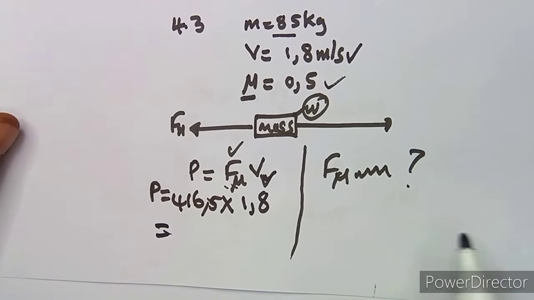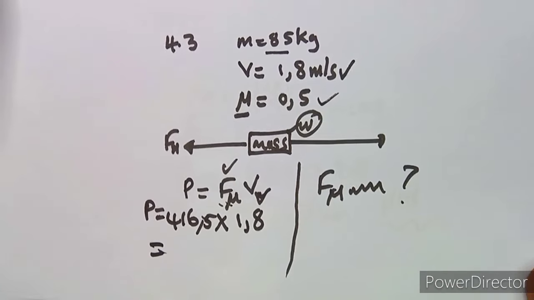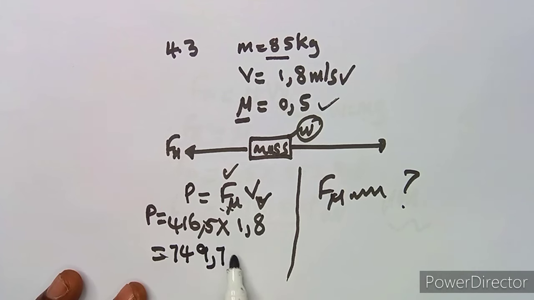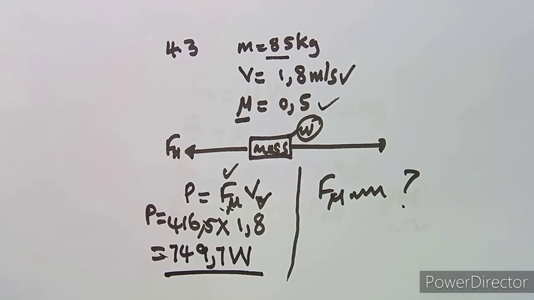As you can see, it's a matter of working with formulas together. If I combine these two, I'm going to obtain 749.7 watts. Remember, this is power, which is measured in watts.